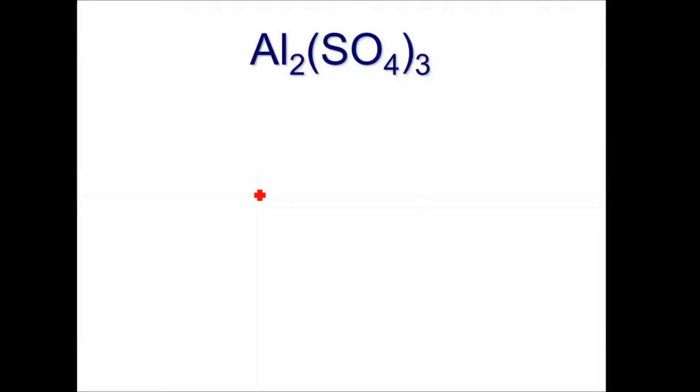Alright, let's take a look at this one. Now this one might be just a little bit tricky. So let's talk about what these subscripts mean. Now we talked about this once before, but let's do it again. Now the subscripts, whatever is right before, they tell you that they have that many of that atom. So we know right now there are going to be 2 aluminums. Alright, and from here we know that there are going to be 4 oxygens. But then we have this 3 right here to worry about. This 3 is just like in math, it has to distribute itself.